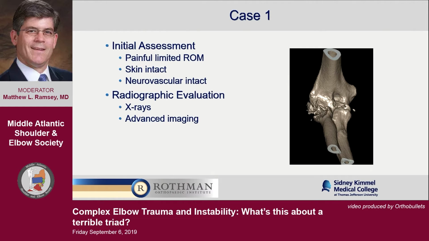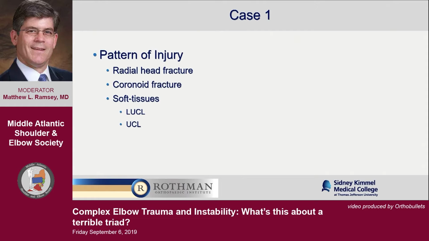Surgical approach, preoperative planning. Okay, so pattern of injury, we know he has a radial head fracture, coronoid fracture. What about soft tissues? Who believes that in a fracture dislocation you can have an isolated injury of the lateral side and the medial side is intact? Theoretically. Well, yeah, we're in the real world here.